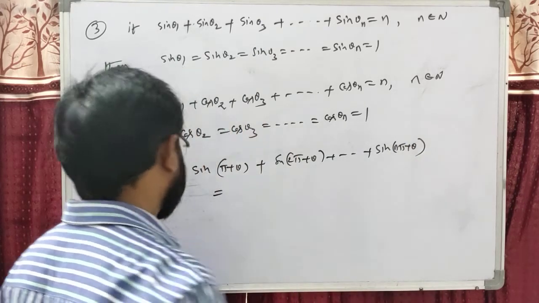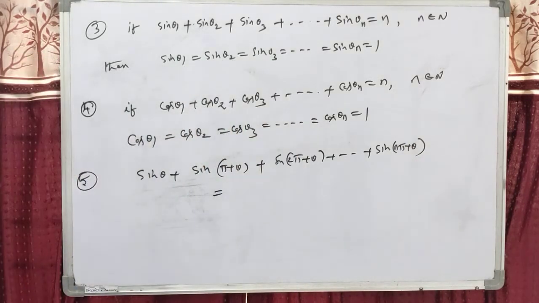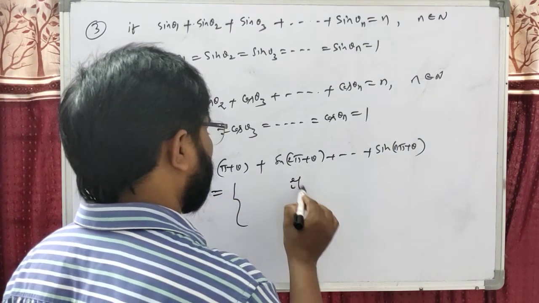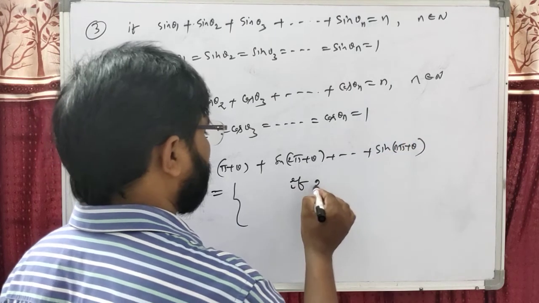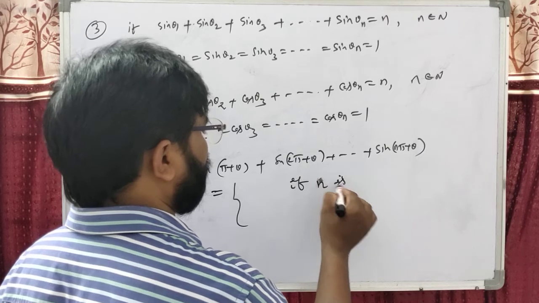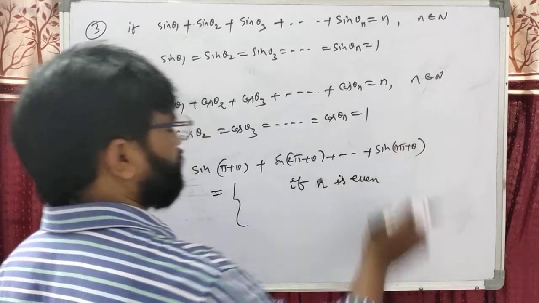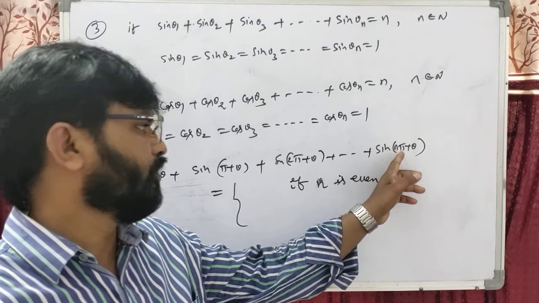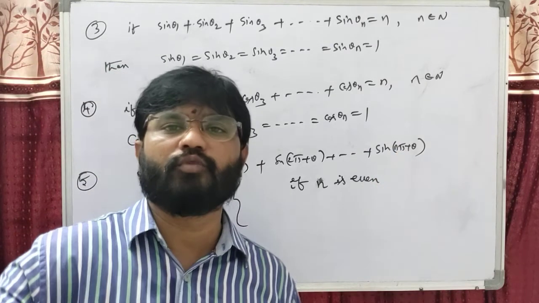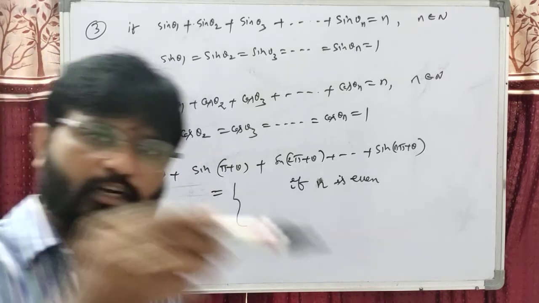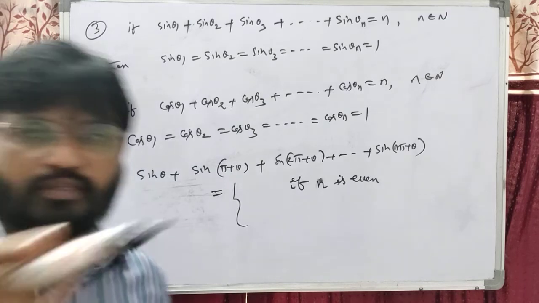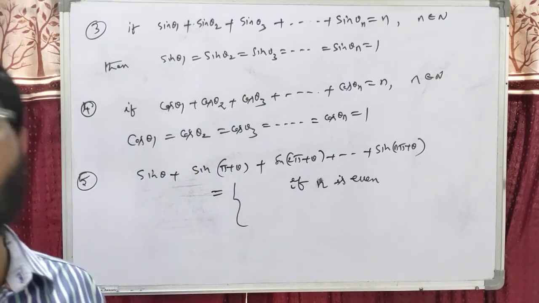Dear students, suppose n is even: 2 pi, 4 pi, 6 pi, 8 pi. Therefore, 2 pi is one complete rotation, 4 pi is two complete rotations, 6 pi is three complete rotations. Therefore, 2 pi is nothing but 0.